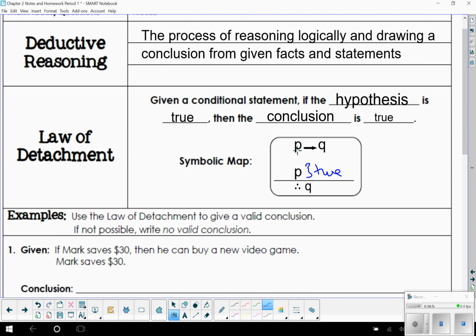If P goes to Q and P is true, therefore Q has to be true.